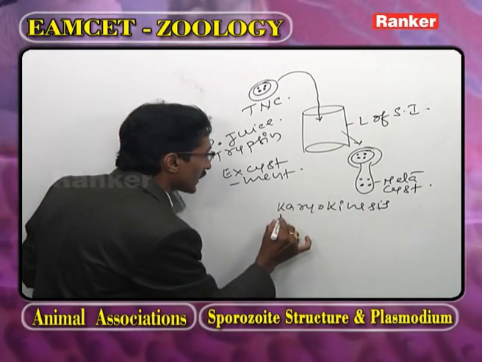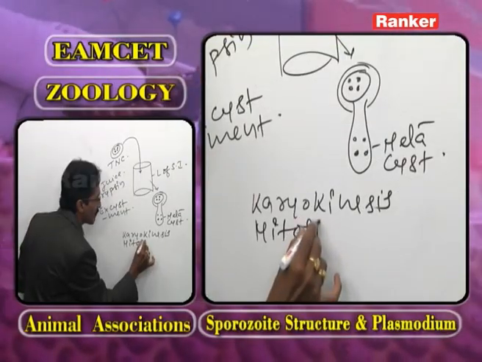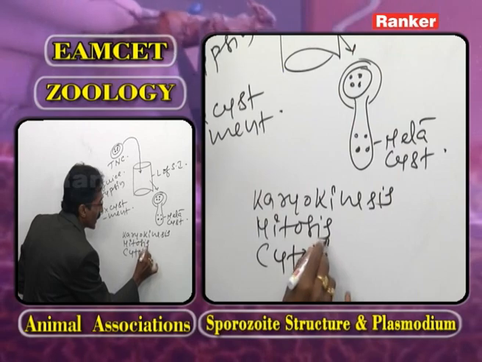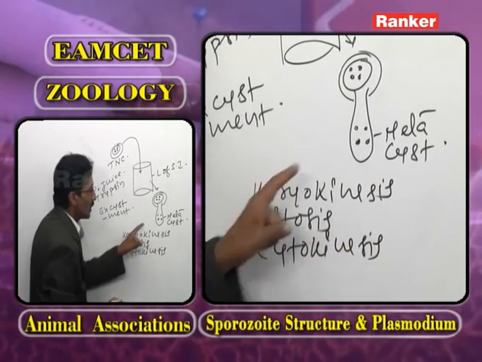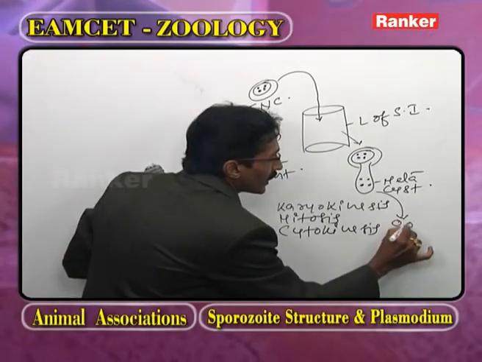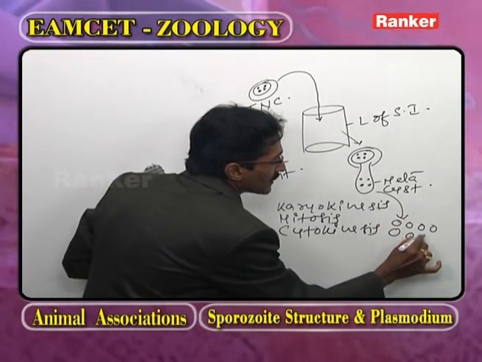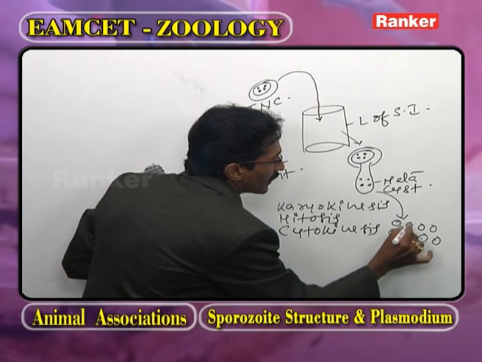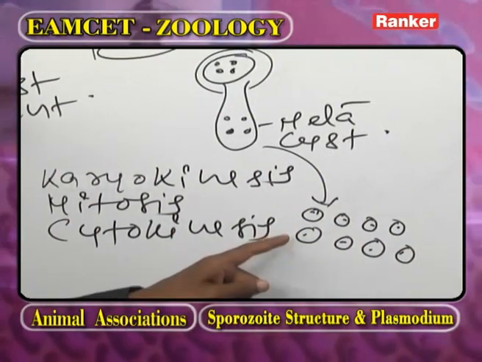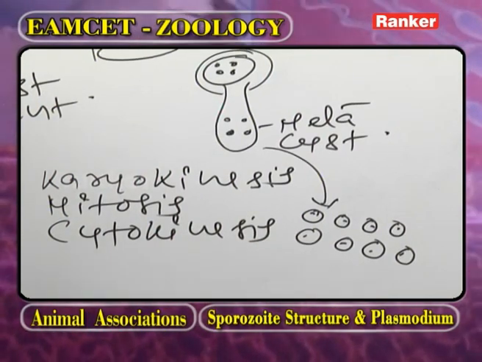How does the nucleus divide? By a process called mitosis. Karyokinesis is followed by cytokinesis. Now, one metacyst gives rise to how many daughter individuals? 8 daughter individuals. These 8 daughter individuals are unicellular, made by one cell.